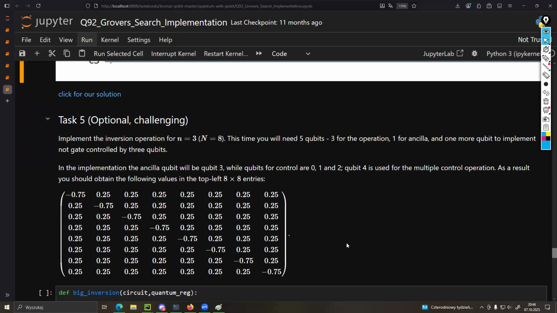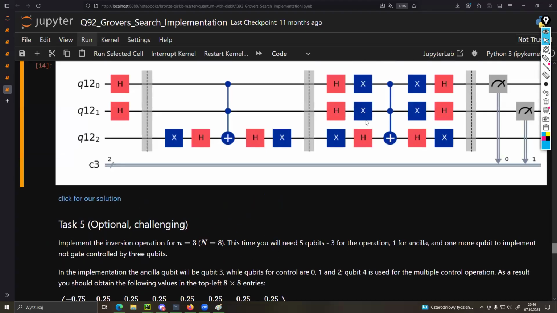In terms of actual Grover diffusion, it wouldn't be as challenging to make, but designing, for example, an Oracle for the case of 3 qubits could be very challenging.